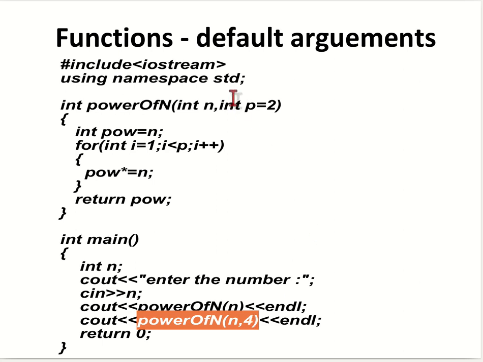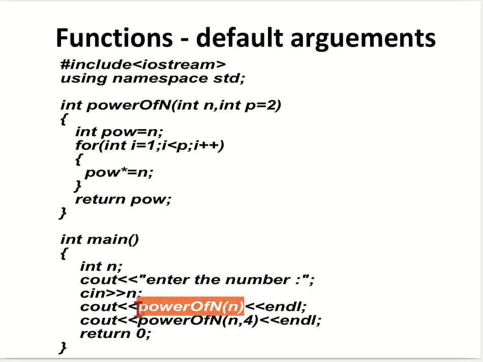So this is how the default argument is done. If we call the function using a single argument, it will produce the result with n and p equal to 2. And if I use both arguments, it will produce the result with n and p equal to the second argument. I hope you understood this.